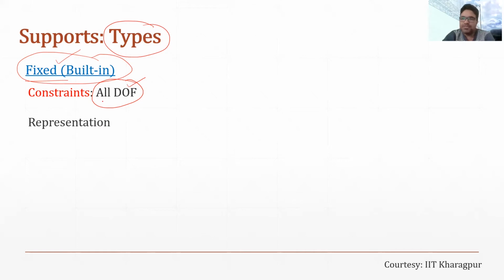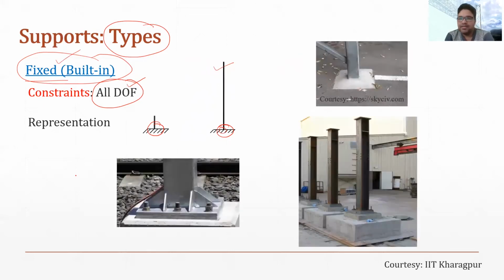Now how do we represent that support? The representation of the support is like this one and this one. You can see the element is trying to rotate, but here it is fixed, firmly held. In real life, fixed supports can be like the foundation.